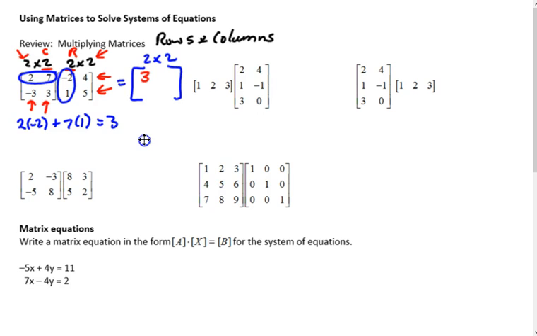So I'm going to say 2 times 4 plus 7 times 5. And that ends up being 8 plus 35, which is 43.